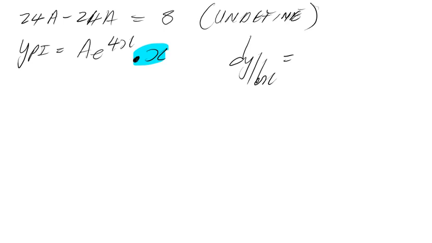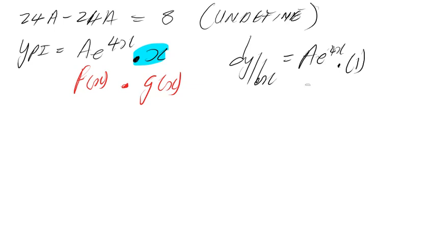The product rule says you keep this one as your f of x, and you let this one be your g of x. Then the product rule tells you that you keep one as a constant and differentiate the other one. So I'm going to have a e to the 4x times, I differentiate x, times 1, then plus, now I keep x as a constant and differentiate this, I'll have 4a e to the 4x.